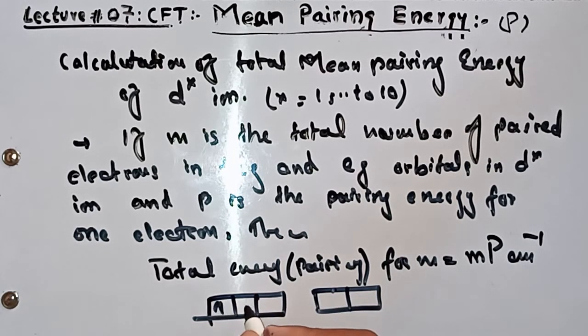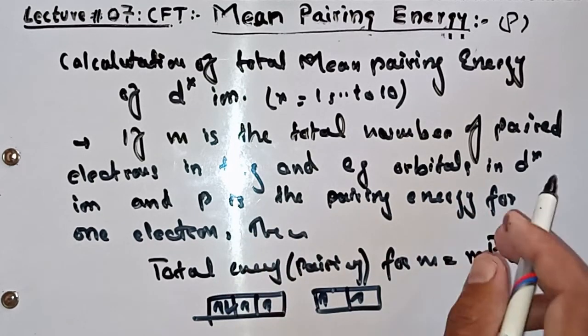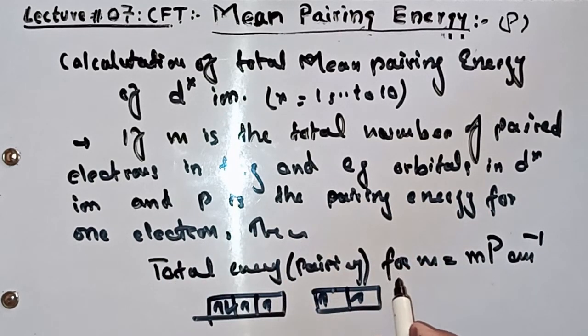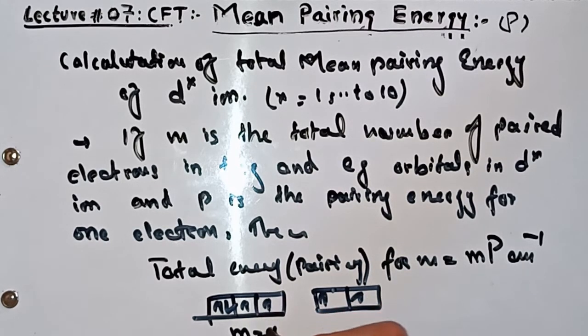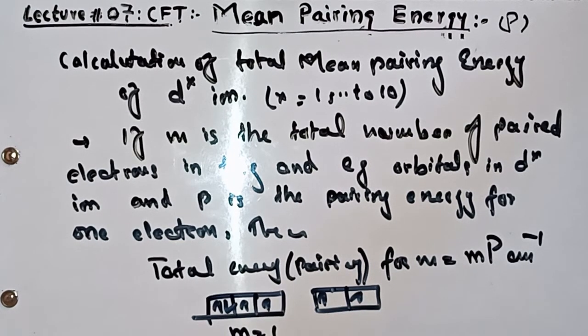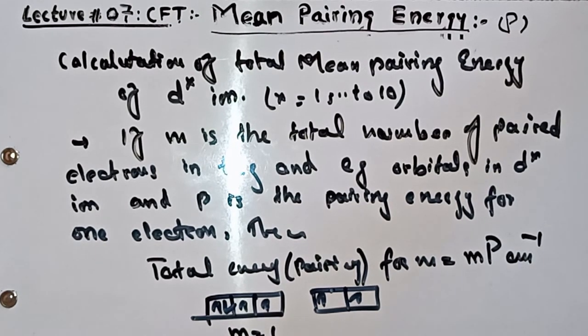Let's suppose there is only one electron in each orbital. Here m is equal to 1, because there is only one pair of electrons present in the t2g set, and no other electron pair in the eg or t2g sets.